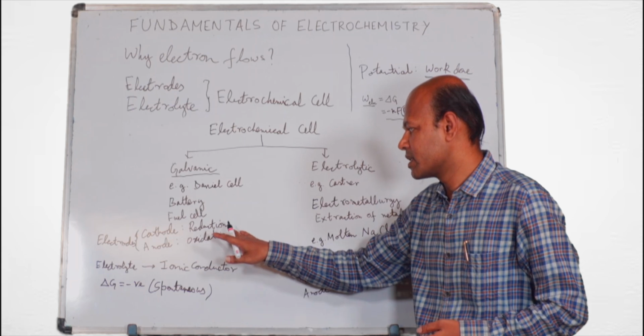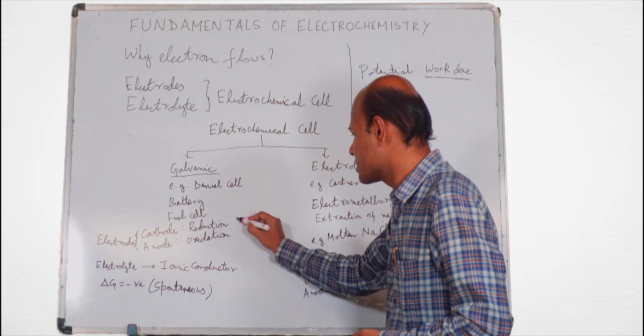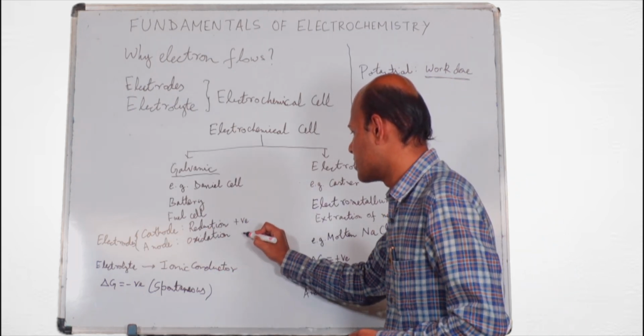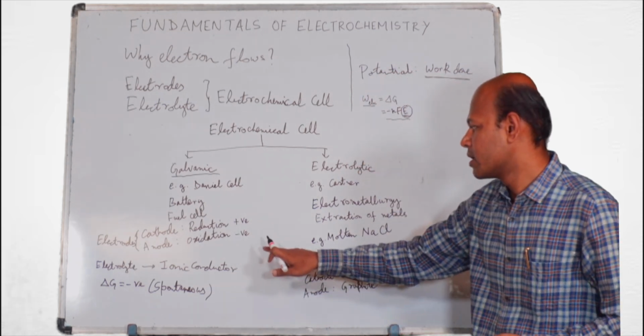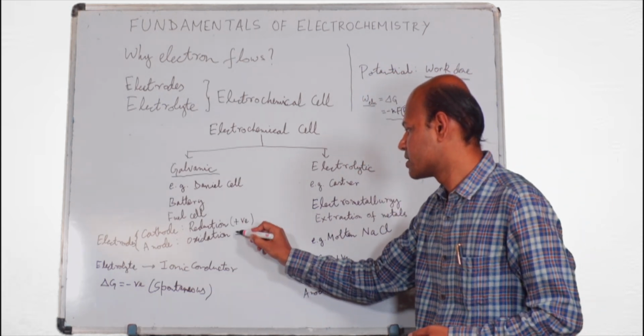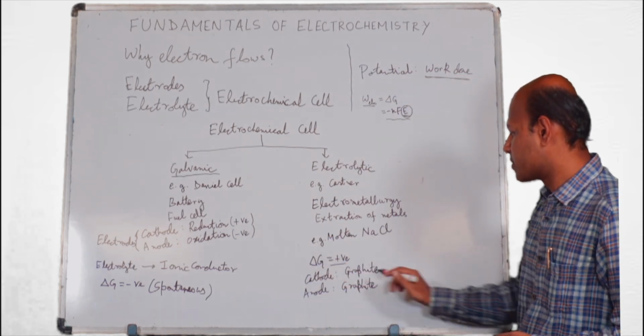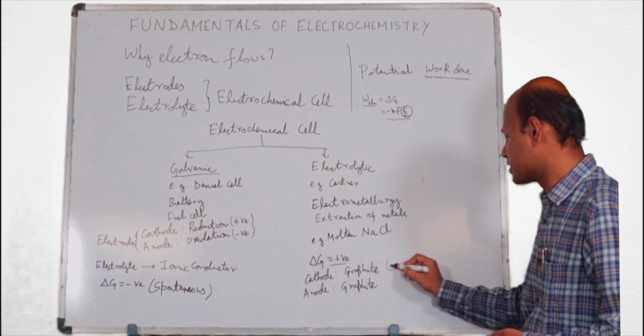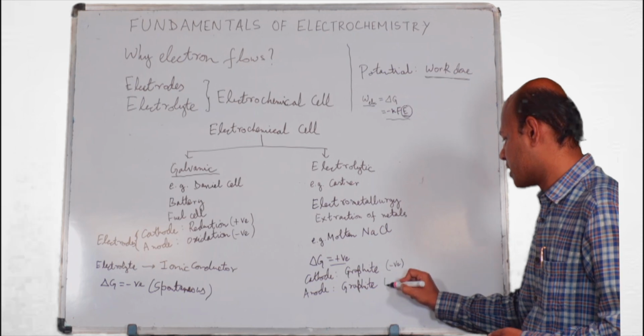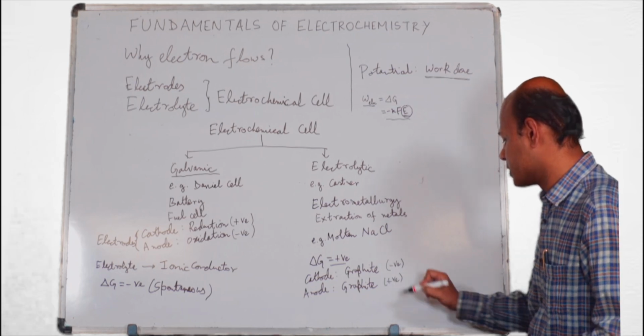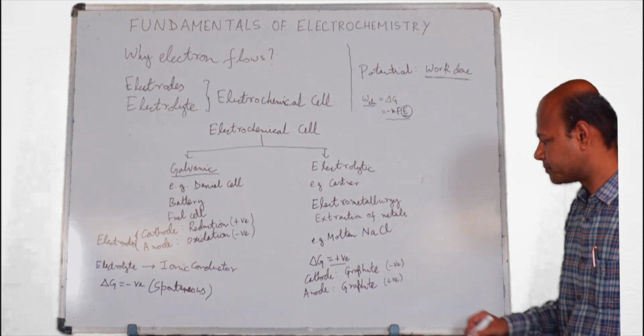For a galvanic cell, the cathode is taken as positive and the anode as negative. This should be remembered. For an electrolytic cell, only the sign changes. Cathode is negative and the anode is positive. This is how you determine.